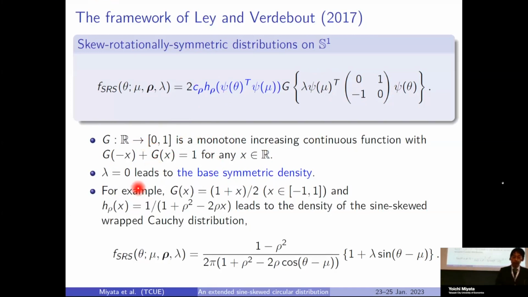If lambda equals 0, it leads to the base symmetric density, highlighted in blue. For example, capital G of x is this expression, and h rho of x is this expression. So it leads to the density of the sine-skewed Laplace distribution.